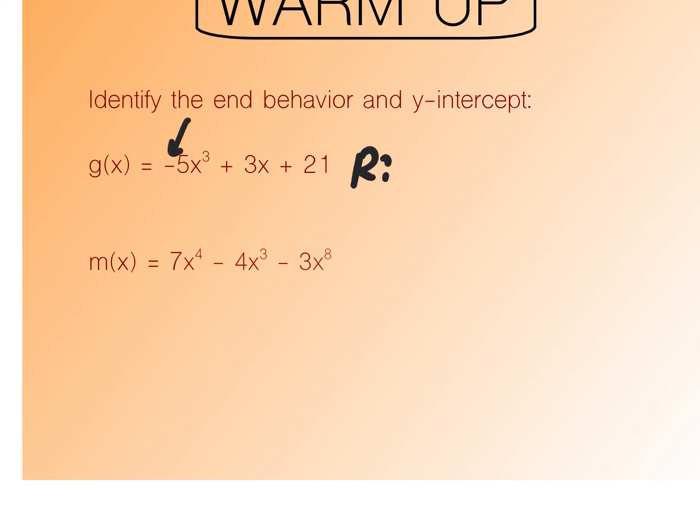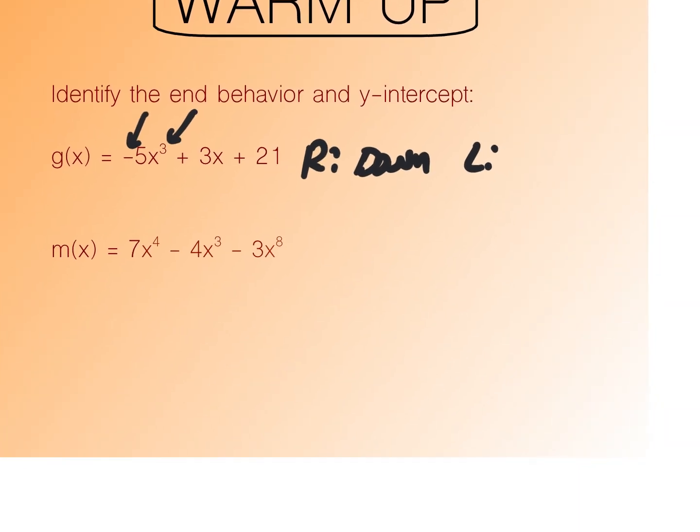This one's negative, and so therefore it's going down. On the left side, this one has a degree that is odd, and so therefore I do the opposite, up. The y-intercept of it is where x equals 0, so therefore I'm going to end up with that. So if I want to call it a y-intercept, I like to just put x equals 0, comma, 21.